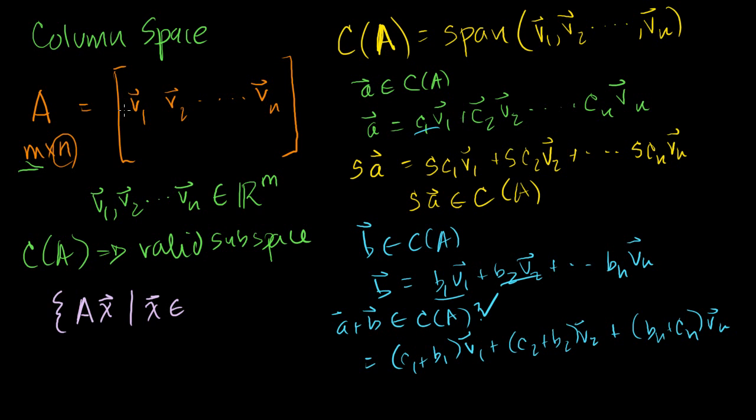It has to have n components in order for this multiplication to be well defined. So x has to be a member of Rn. Let's think about what this means. This is the set.